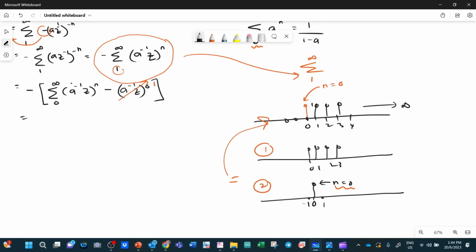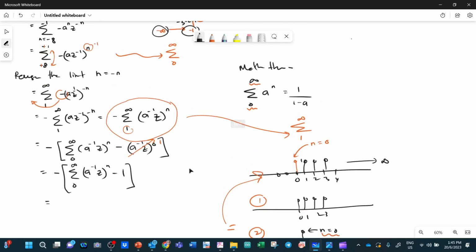So in the end, you have summation of 0 to infinity, a minus 1 z to the power n minus 1. So now only you can use the equation over here, to use it in this part.